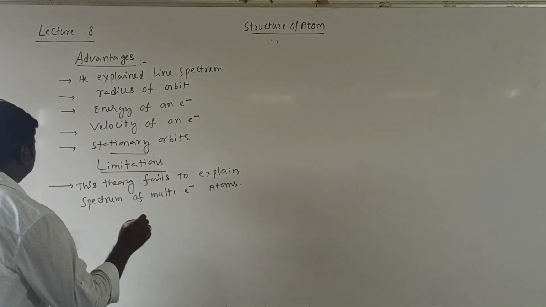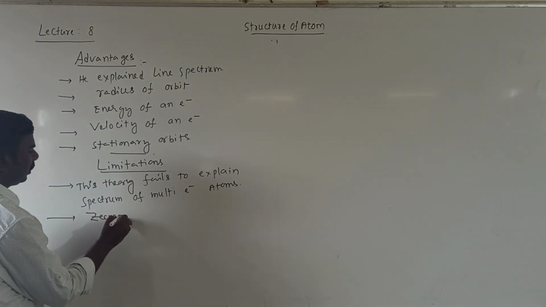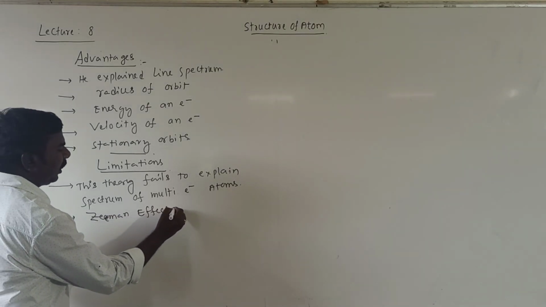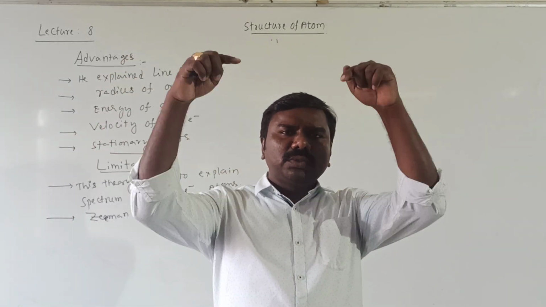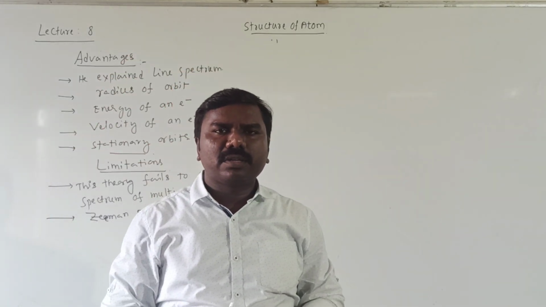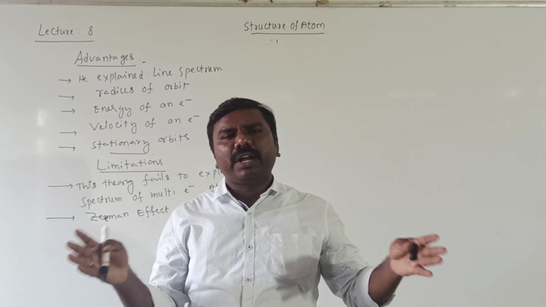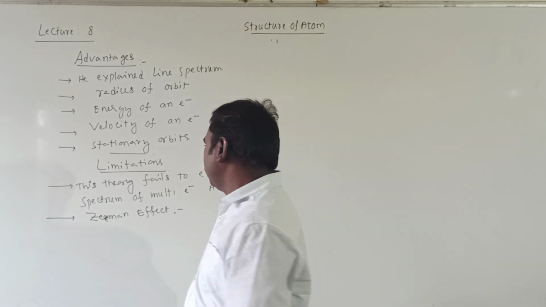So next point, Zeeman effect. He didn't explain Zeeman effect. Zeeman effect means splitting of spectral lines we observed. Those lines will be split into different lines in the presence of a magnetic field and electric field. That nature is not explained by Bohr's model.